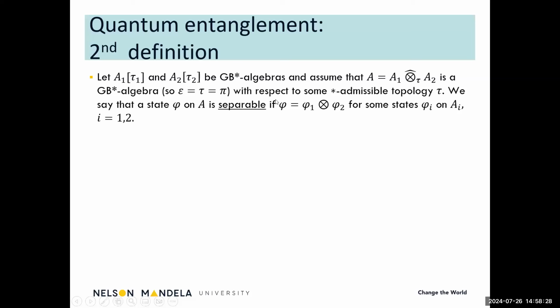Again, we assume that we start with two GB star algebras that can be linearly nuclear. And you again assume that the tensor product is GB star under some topology. Then one can define a state to be separable if it's an elementary tensor of two states, the phi1 on A1 and the phi2 on A2.